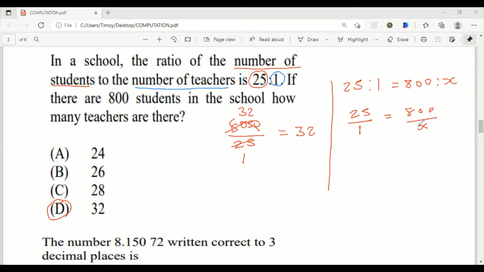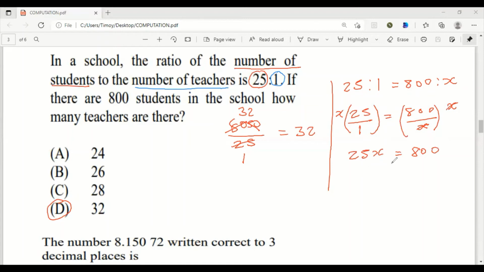So 25/1 is just 25, right? Now we want to solve for x. So what can we do? We can multiply both sides by x. So if we multiply both sides by x, what we'll end up with is just x times 25, which will give us 25x is going to equal to 800, because the x will cancel out here.